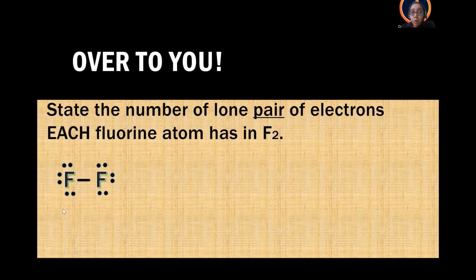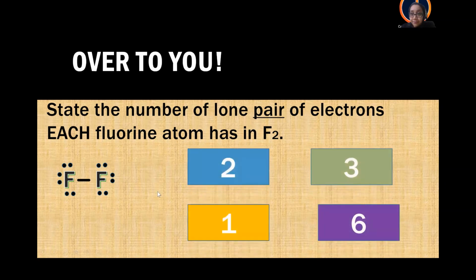So this is a fluorine molecule. You have to guess the right answer for the number of lone pairs of electrons in each fluorine atom. So one fluorine atom has how many lone pairs of electrons? Your options are 2, 3, 1, and 6.